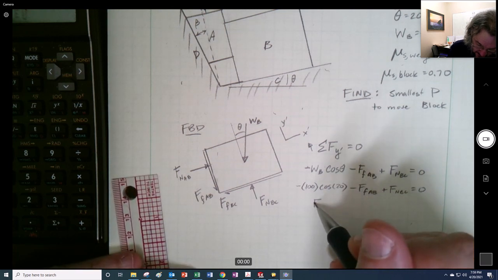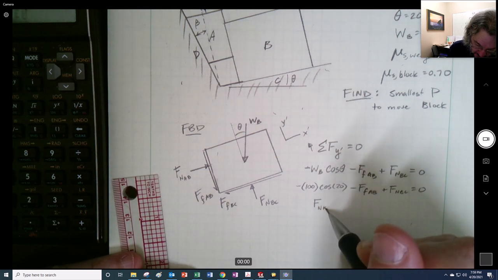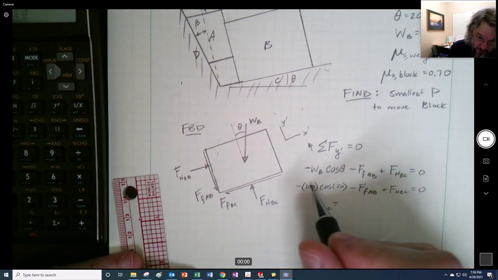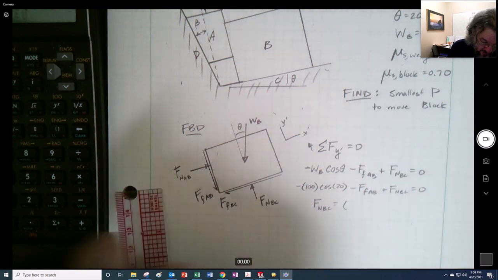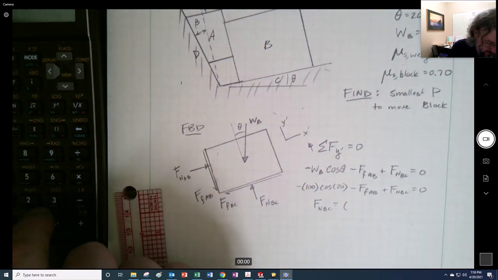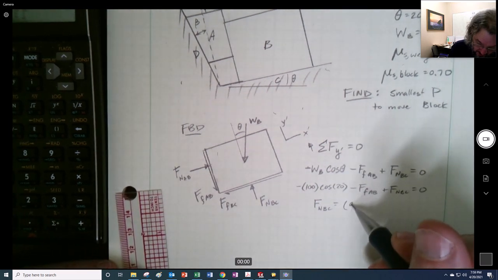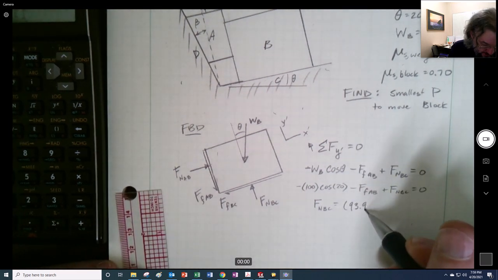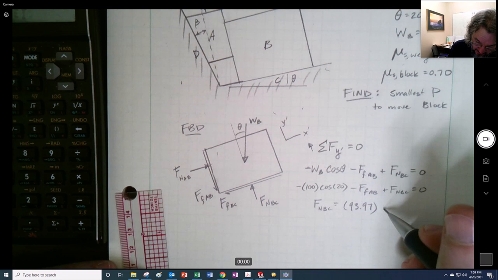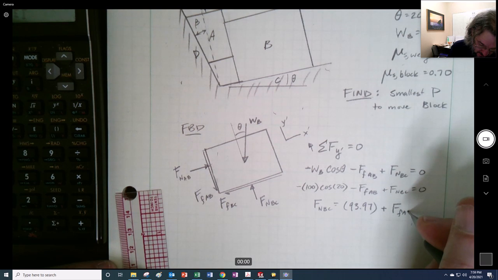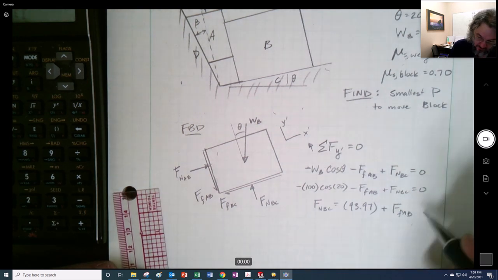Maybe I'll solve for F NBC, because those are both negative right there, right? So that's going to be 100 times cosine 20, which is 93.97, plus F FAB. Equation 1.